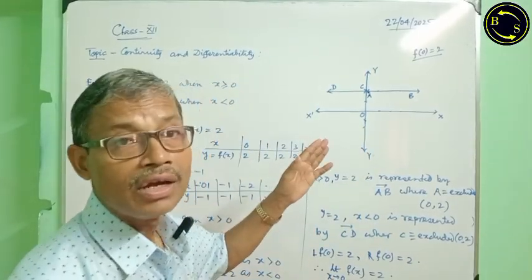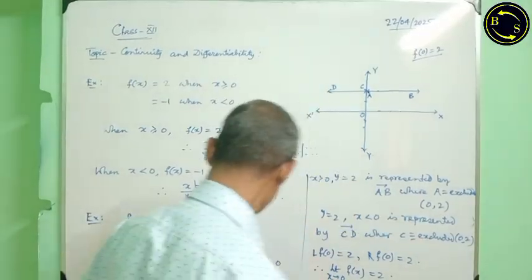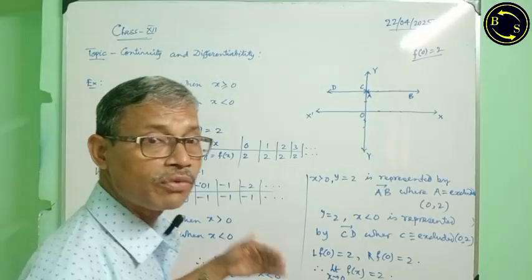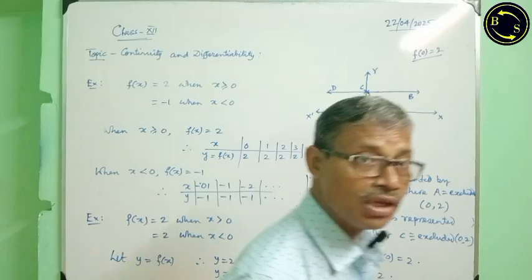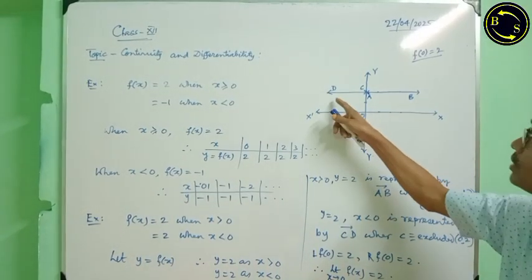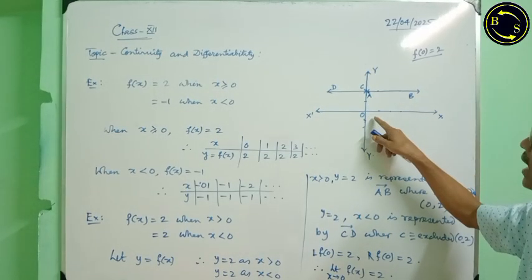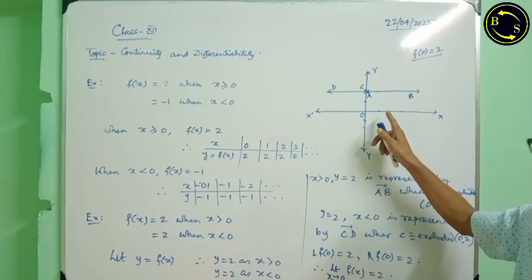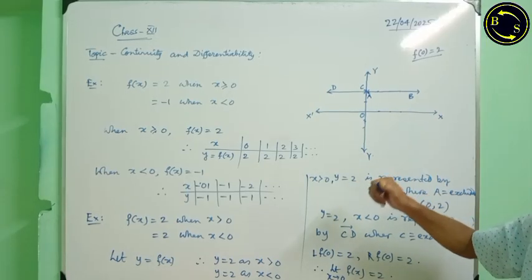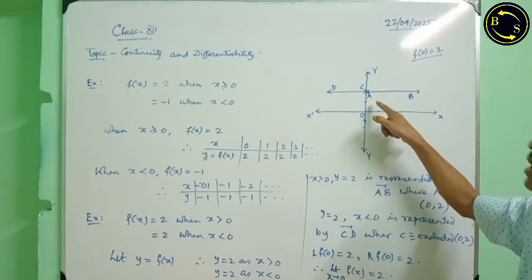Then we could have drawn the graph of the function y equal to 2 or f(x) equal to 2 for all real values of x without lifting the pen or pencil. That means there was no break or no gap at x equal to 0 as well as for any positive or negative values of x. Then we use the term y equal to f(x) is continuous at the point x equal to 0.